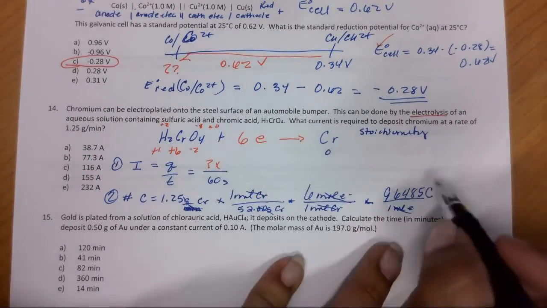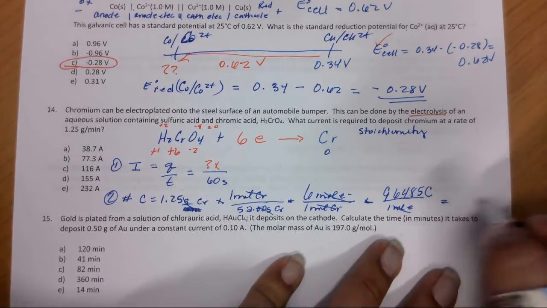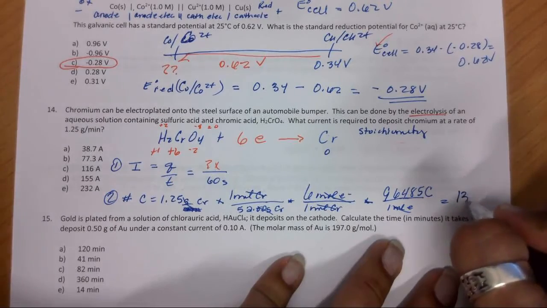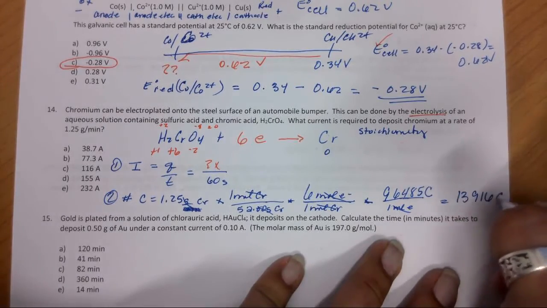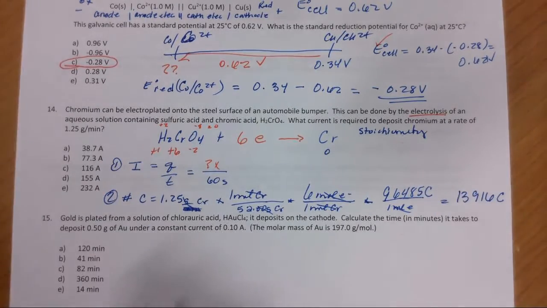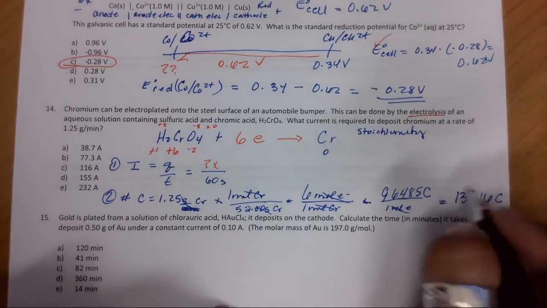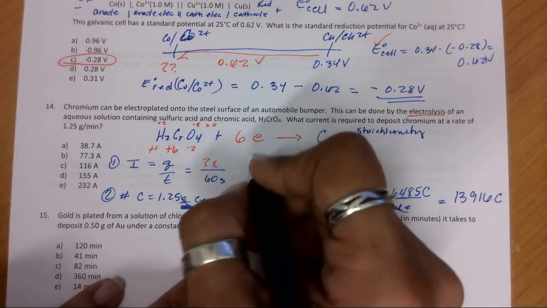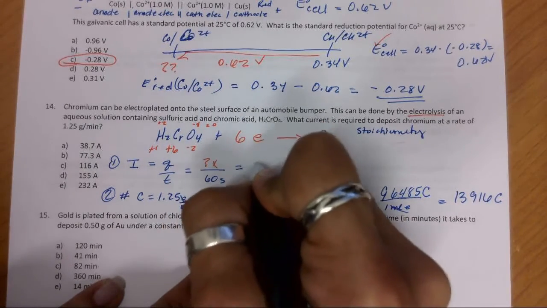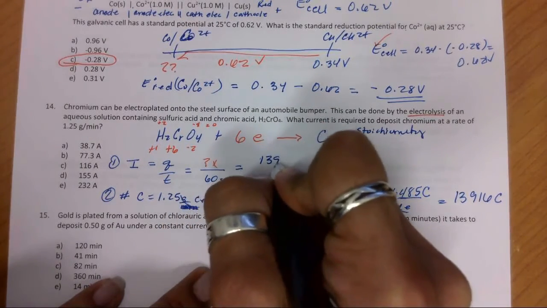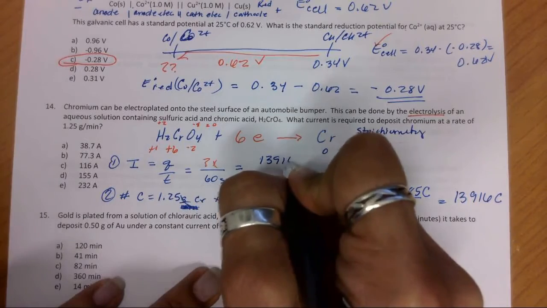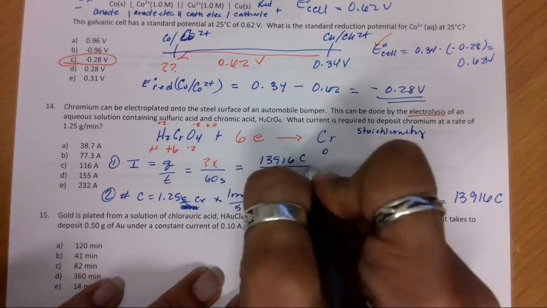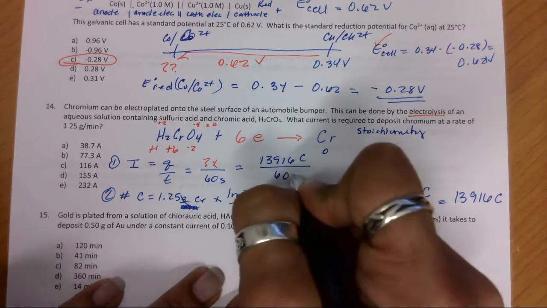Okay, and then I cancel my units. I want to know the number of coulombs. I'm left with coulombs, and when I multiply all this out, I'm going to get 13,916 coulombs. Okay, that's not my answer. Where does this guy go? Right? We have to put him here. Okay, and so that is going to equal 13,916 coulombs over 60 seconds.